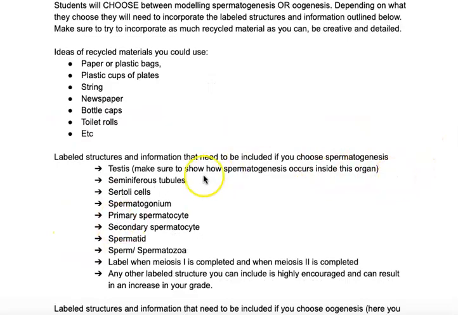If you choose spermatogenesis, these are the labels and structures that you will need to incorporate. You definitely need to incorporate the testes because this is where it occurs, as well as the seminiferous tubules inside the testes and the Sertoli cells inside the seminiferous tubules. Then you need to show spermatogenesis by showing the spermatogonium going through mitosis, creating a primary spermatocyte going through meiosis 1, creating a secondary spermatocyte going through meiosis 2, creating a spermatid, maturing and producing a functional tail to create a sperm.